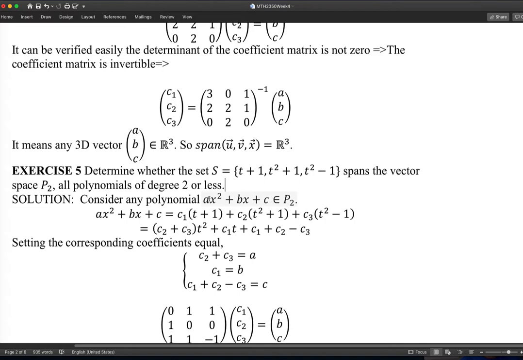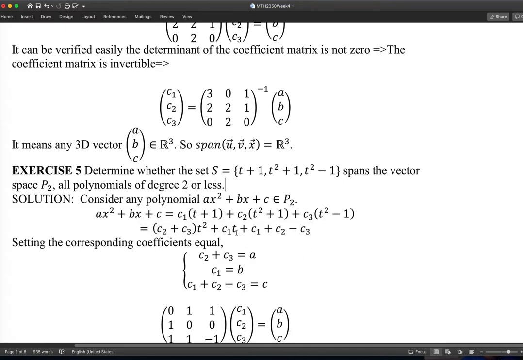And then we want to see if this polynomial can be represented as a linear combination of those three functions. I assumed it is yes, which means we need to figure out the constants C1, C2, C3, if possible.